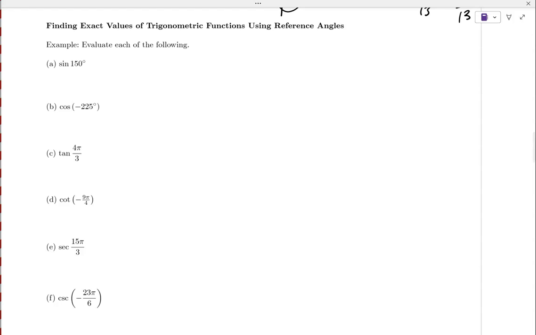So remember, just to remind ourselves, we've got the special angles. 30, 45, 60 were special, right? If this is your theta, your sine of theta was what for 30?